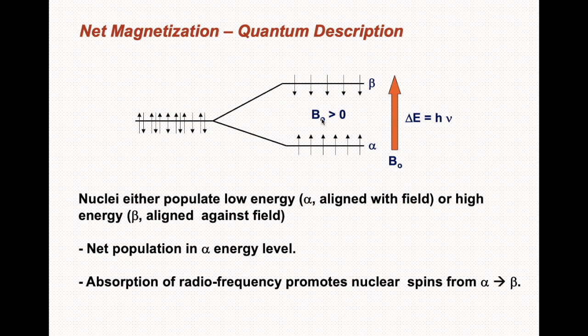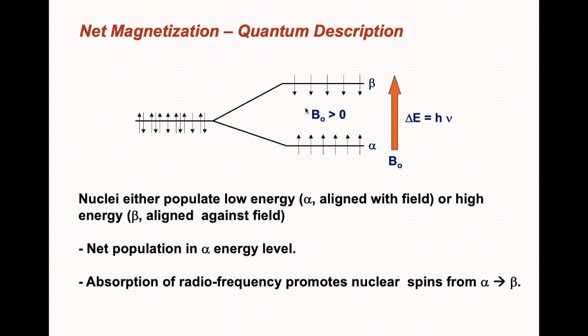You also remember that the spins in the alpha state are aligning with respect to the applied magnetic field. On the other hand, the spins in the beta state are opposing the applied magnetic field. And since there is a difference between these two spins, that difference is responsible for the net magnetization.